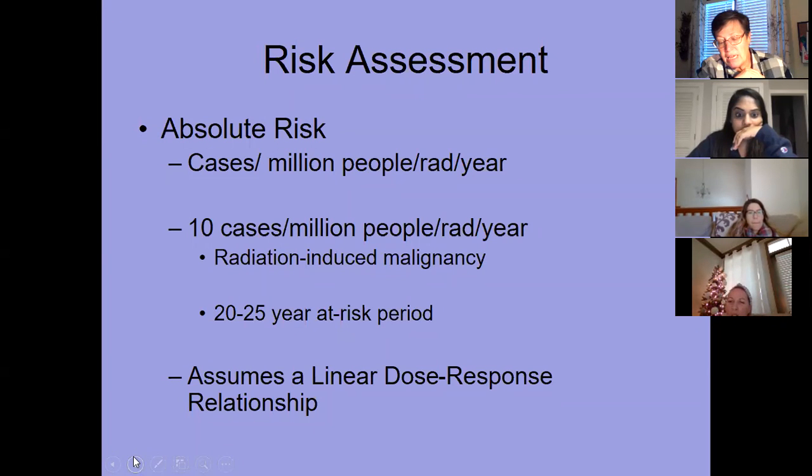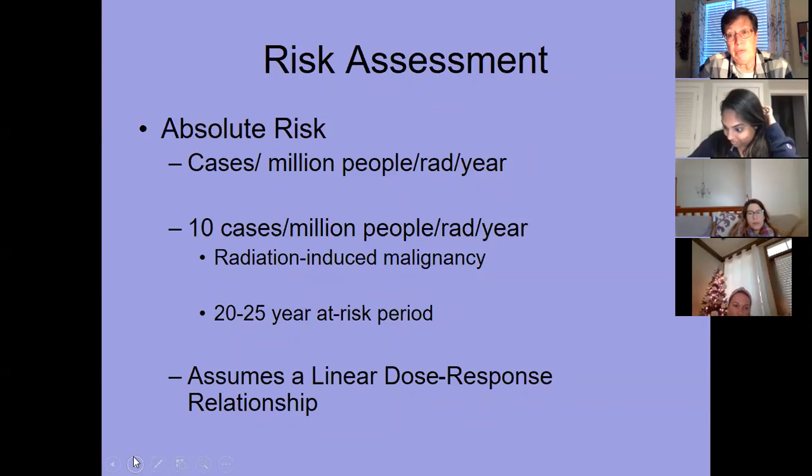And the example that they give says that if you look over the lifetime of 100 people, 42 people out of that 100 are going to develop cancer from whatever reasons, from lifestyle, from genetics, from environmental exposure, whatever. So in general, if you have 100 people, 42 of those people are going to be diagnosed with some form of cancer in their lifetime. That's totally unrelated to radiation.